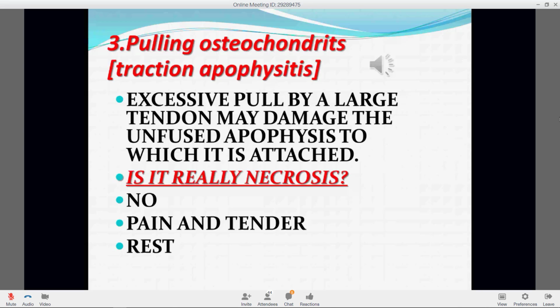It is just a traction of the apophysis that is attached to the bone and to the tendon, so the apophysis will respond by forming new bone, and this new bone is somewhat tender because of the vascular response. Treatment is by rest and analgesia.